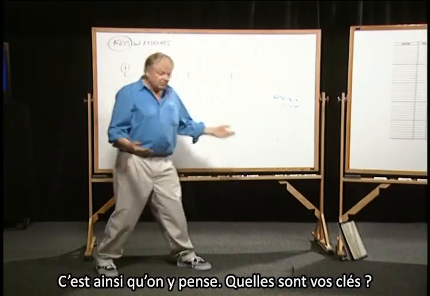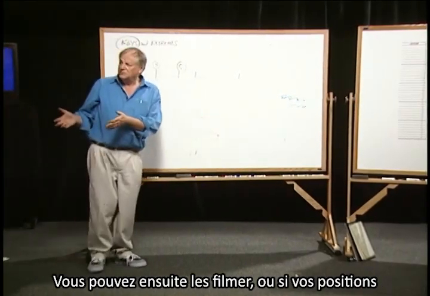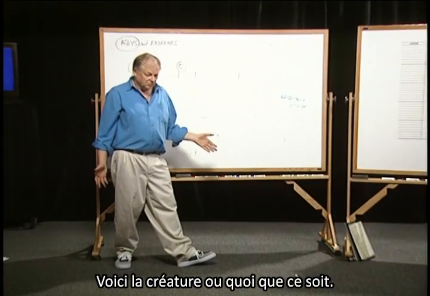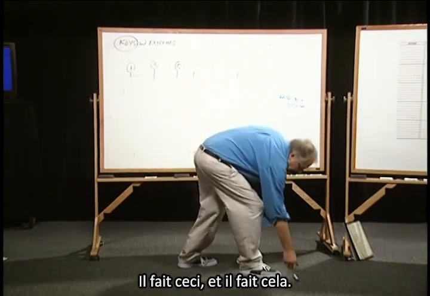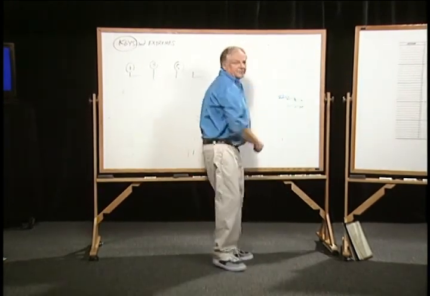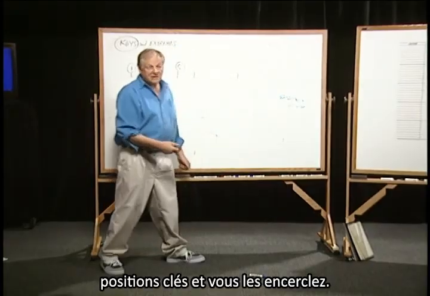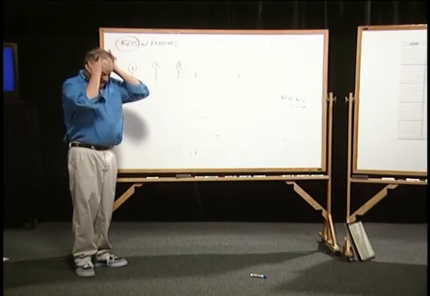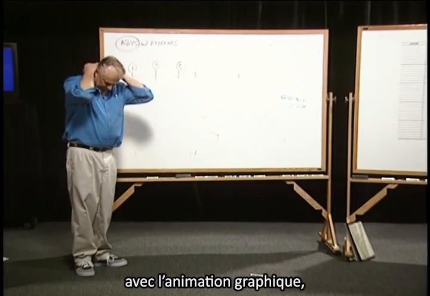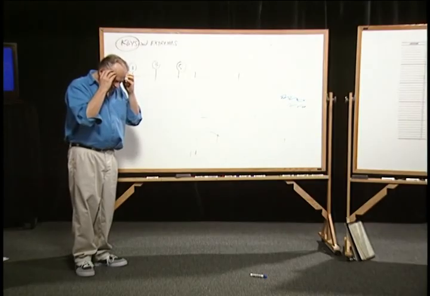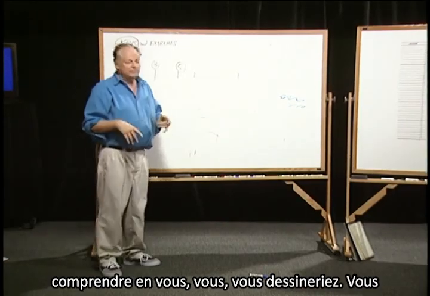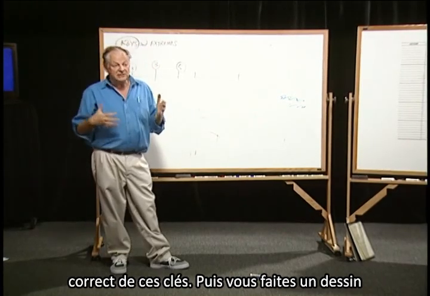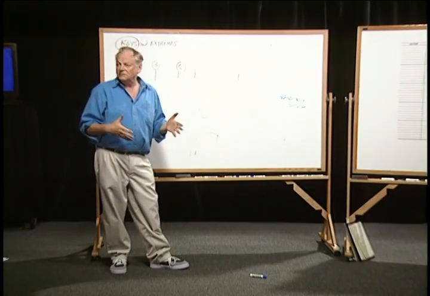What are your keys? You can then film them, or if your positions are in the computer, here's the creature, or whatever. He does this, and he does that. 3 key positions. And you circle them. Now with the graphic animation, you might figure out those keys in little tiny drawings, and then you do a decent drawing of the character.